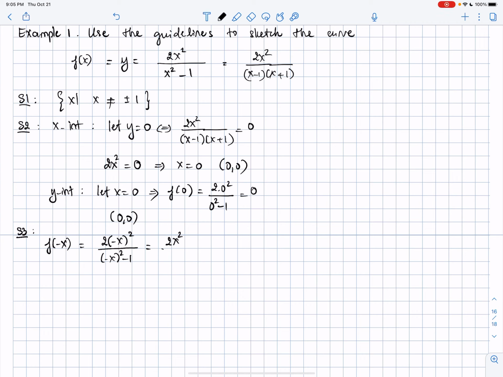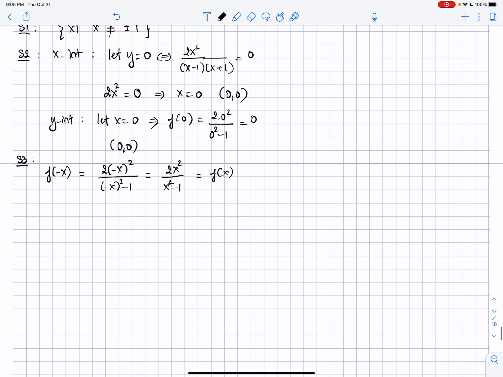That will be 2x squared over x squared minus 1, which is equal to f of x. This means that the function f of x is even. So the graph, or the curve, is symmetric with respect to the y-axis.